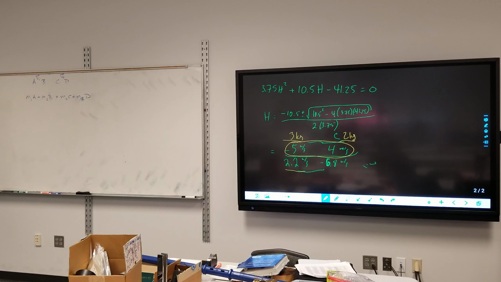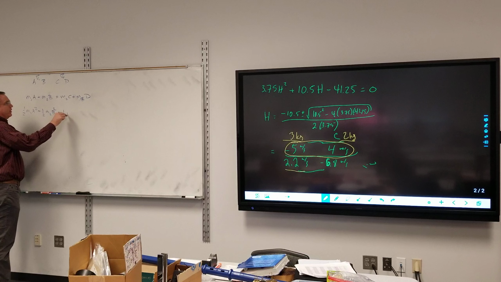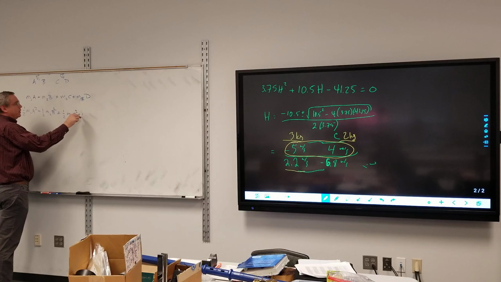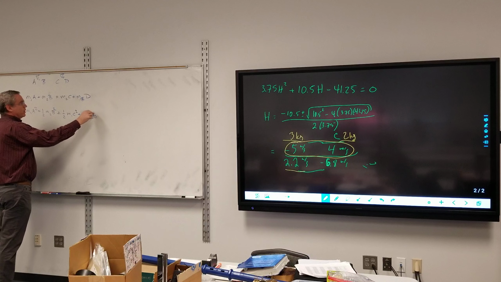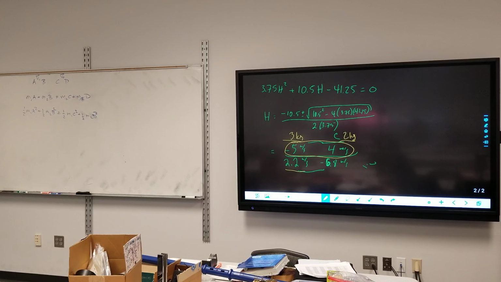Mass times velocity, initial is equal to final. My kinetic energy, 1/2 m1 A squared plus 1/2 m2 B squared, is equal to 1/2 m1 C squared plus 1/2 m2 D squared. It's a perfectly one-dimensional, perfectly elastic collision.